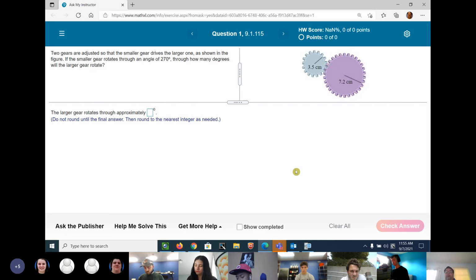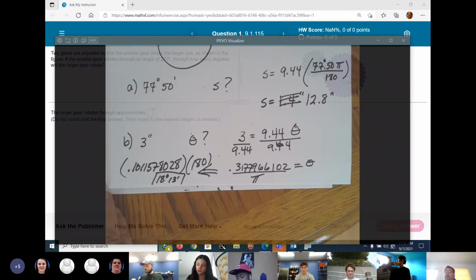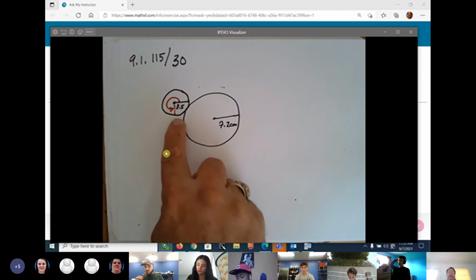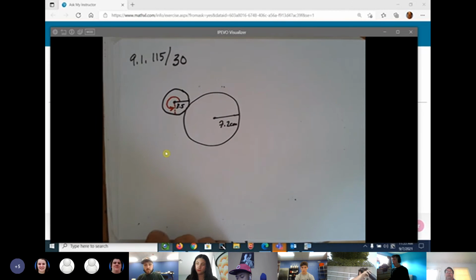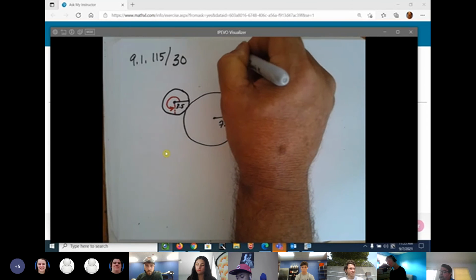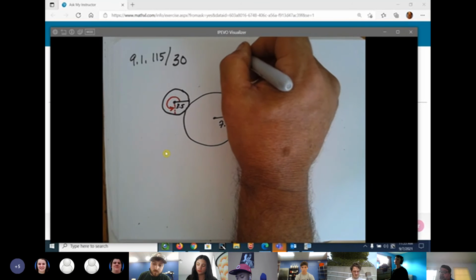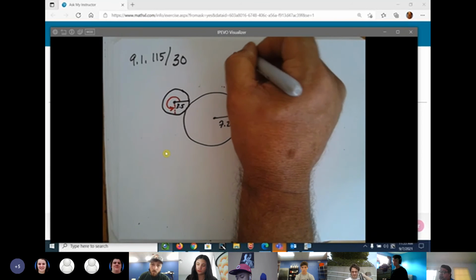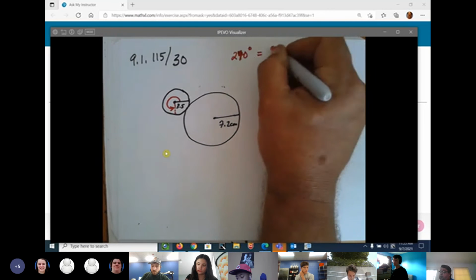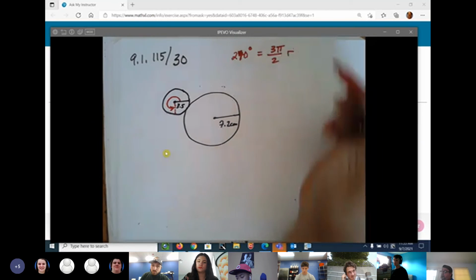Now this is critical thinking at its best. This right here, I just turned this wheel 270 degrees. 270 degrees equals 3 pi over 2 radians.